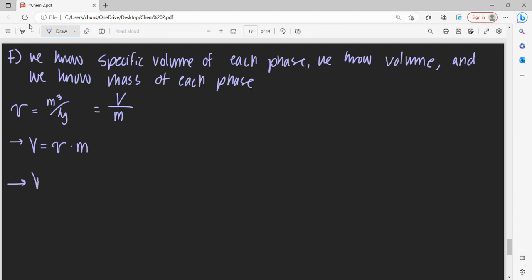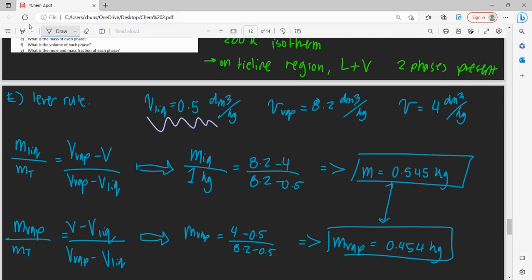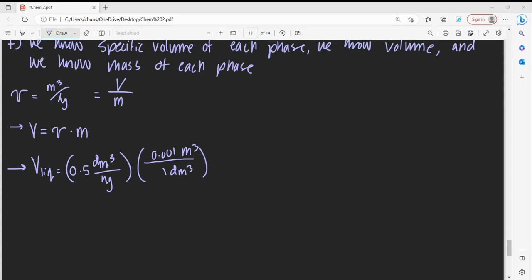If we did that for each phase, V liquid, we found the specific volume of the liquid to be 0.5.